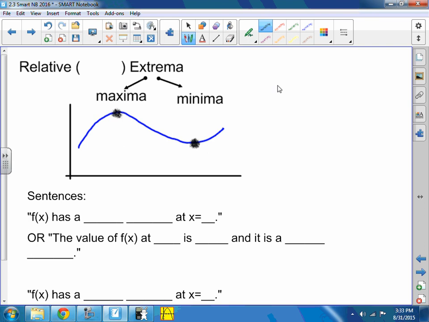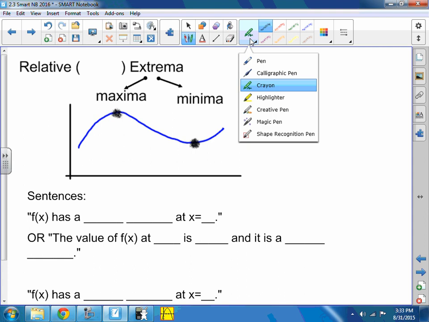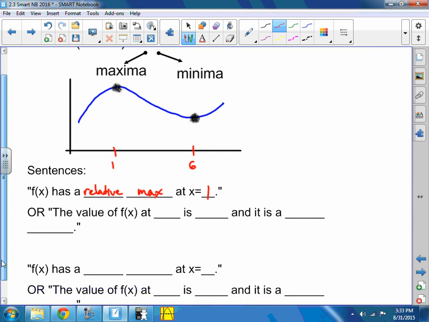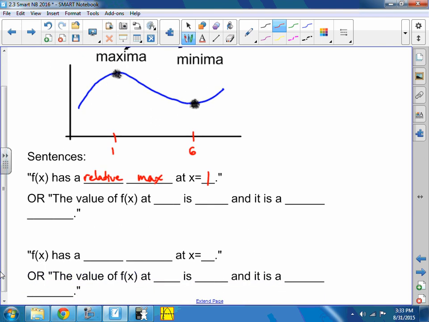Let's say that all of this is going on at x equals 1 and x equals 6. We would say that f of x has a relative max at x equals 1, and we would say that f of x has a relative min at x equals 6.